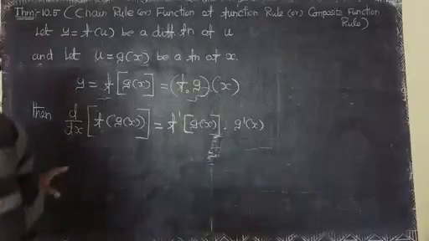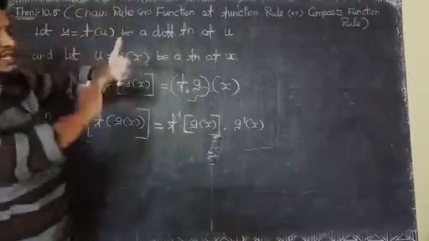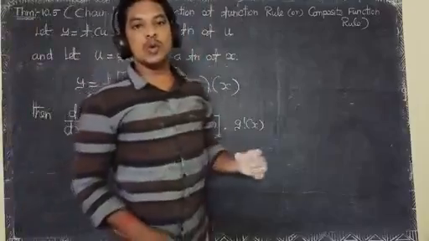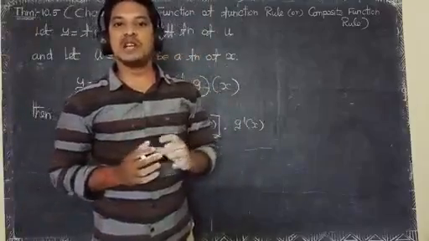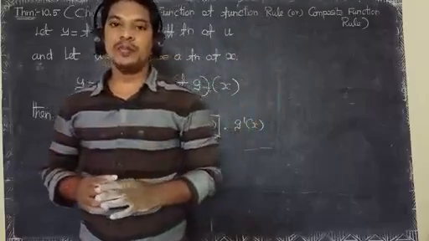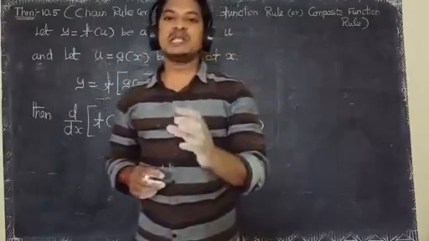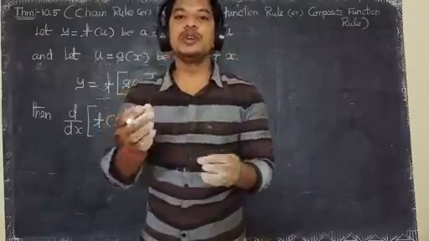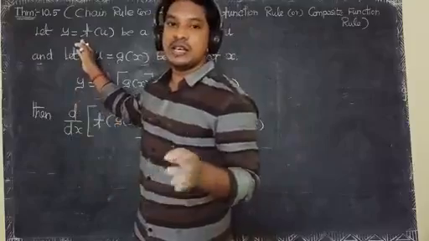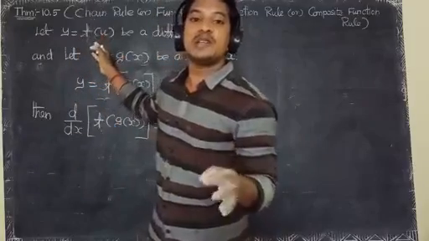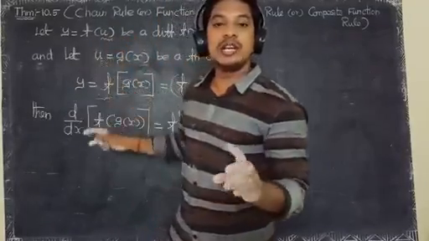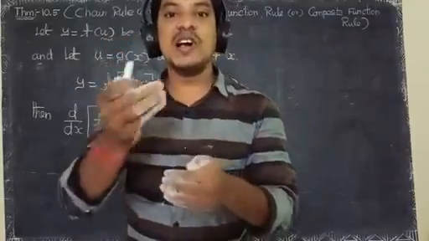Theorem 10.5, chain rule, or function of function rule, or composite function rule, all have the same meaning. Here f of u is a differentiable function of u, not in x, and let u equal to g of x, that is a function of x.